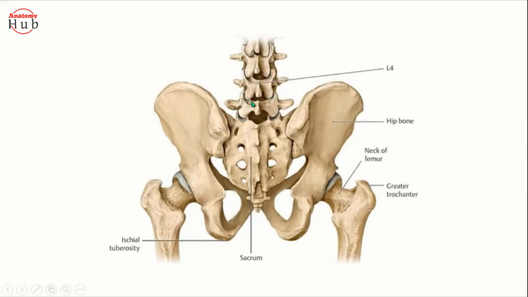So this is the image for the posterior view, where you will see the posterior view of the sacroiliac joint, and this is the hip joint. And here you will see how the sacrum is articulated, and the coccyx, and how they mix the pelvic girdle and the gluteal region.